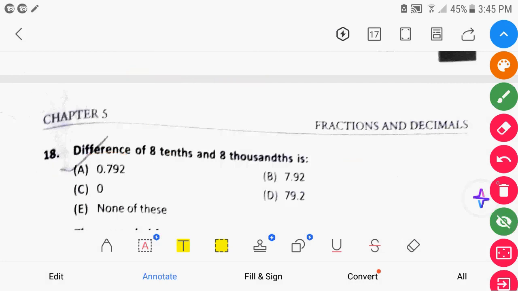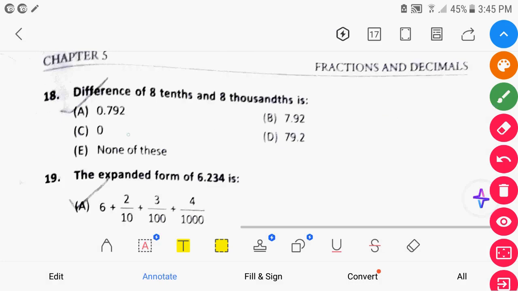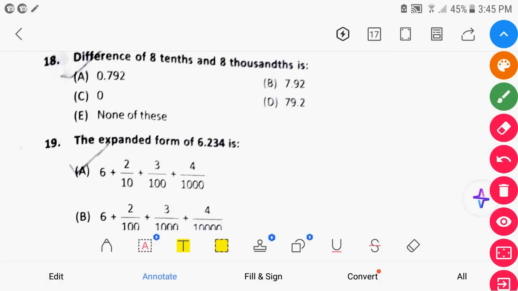Now see, the expanded form of 6.234 you have to write. Now this 6 is at the ones position, so 6 multiplied by 1. Okay, decimal point.